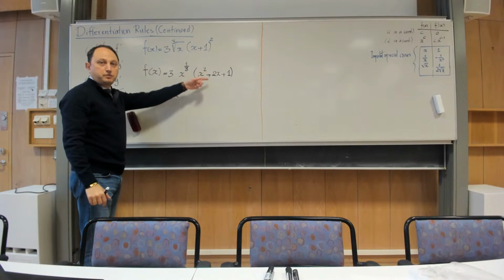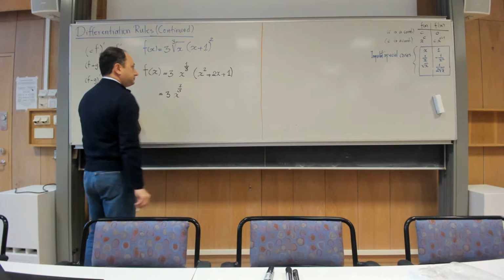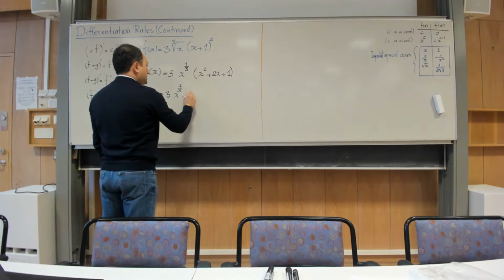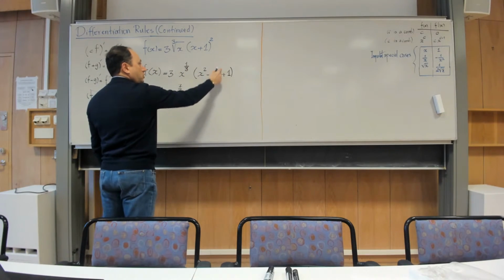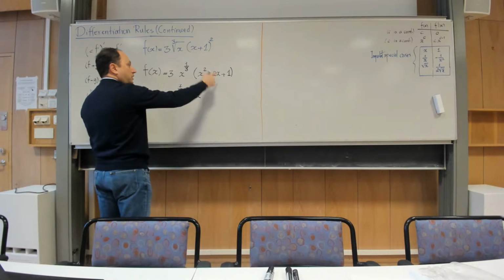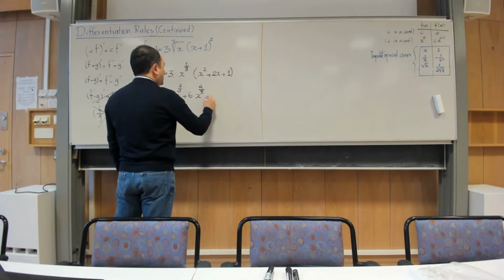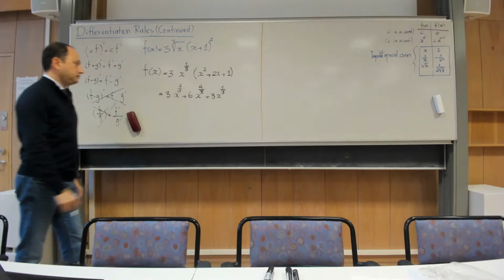So 1 over 3 plus 2 is 7 over 3. Then 6 times this becomes 6x to the power of 1 over 3 plus 1, which is 4 over 3. And the final one is 3x to the power of 1 over 3.